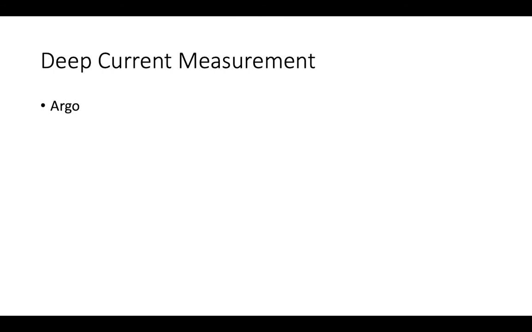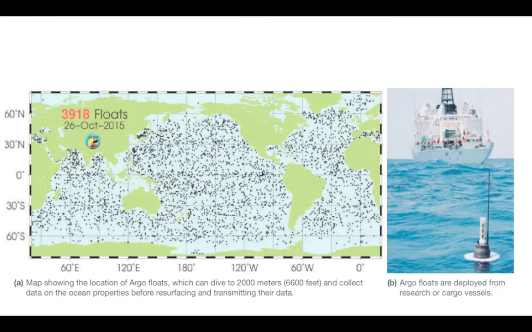Okay, now how to measure deep currents? For surface current, we have various devices, okay, flow meters there. But for deep currents, we have Argo floats, we have ADCPs. Even ADCP is used for surface current, but for deep current also we can use that. So Argos are like this, these floating bodies. It has sensors, it has a connection with the GPS satellites, and it will continuously send the data to the nearby coast or to the ships.